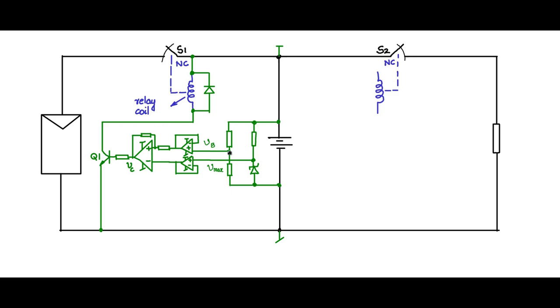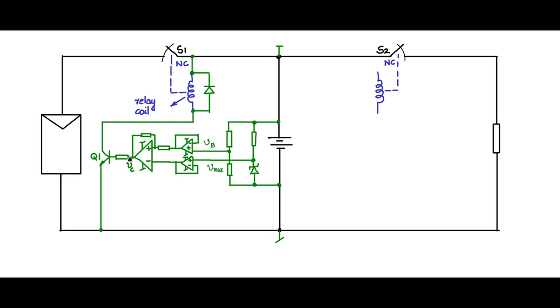Now I have this potential VB, which is sensing the battery voltage, and I have this Vmax, which is a fixed voltage coming from the Zener terminal, buffered. So this is VB, this is Vmax. Whenever VB is greater than Vmax, this is a comparator, VC goes high.